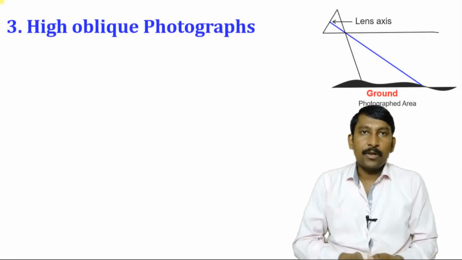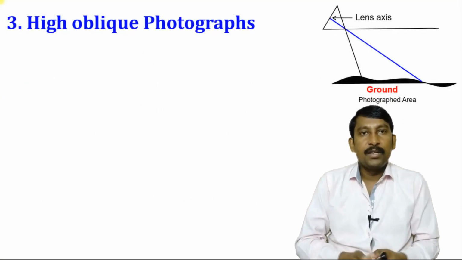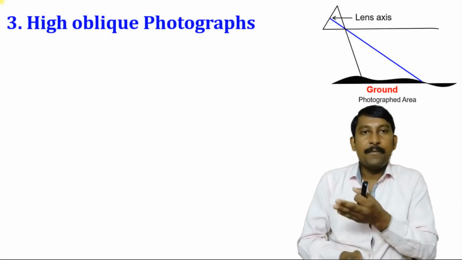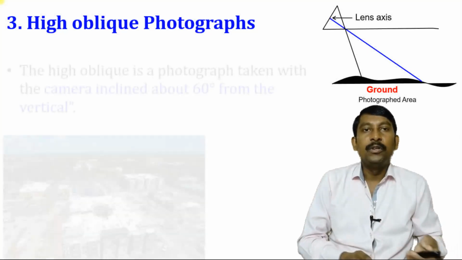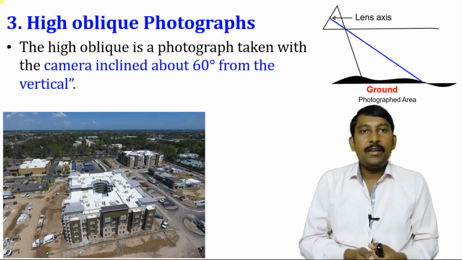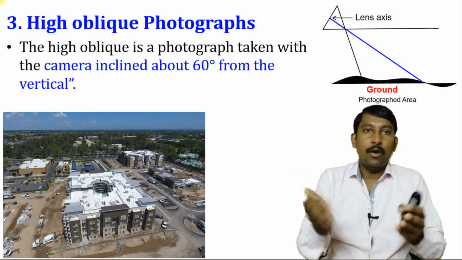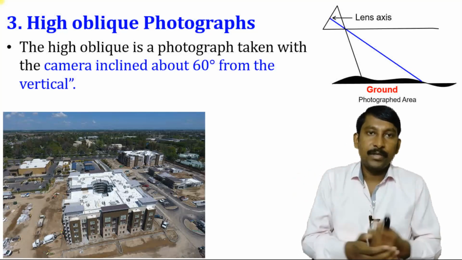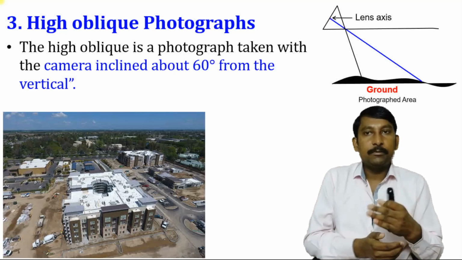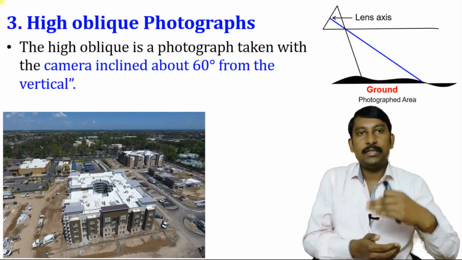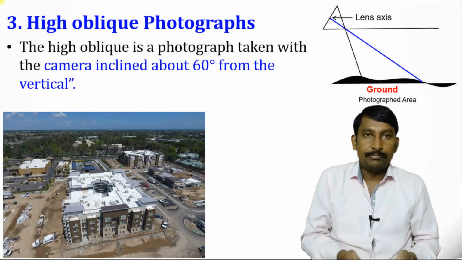Next type is the high oblique photographs. In high oblique photographs, the camera axis is tilted up to 60 degrees, and in these photographs you can see the horizon. Means in these photographs, on the backward side, there is the horizon.